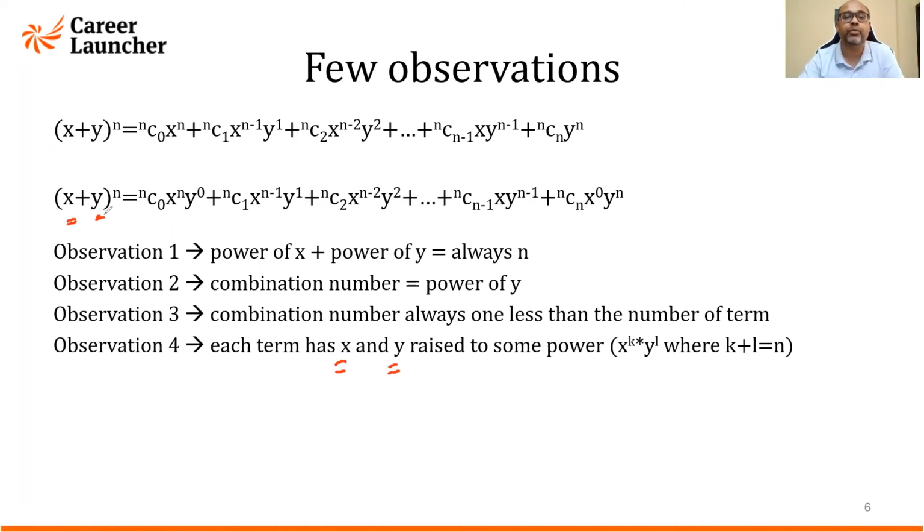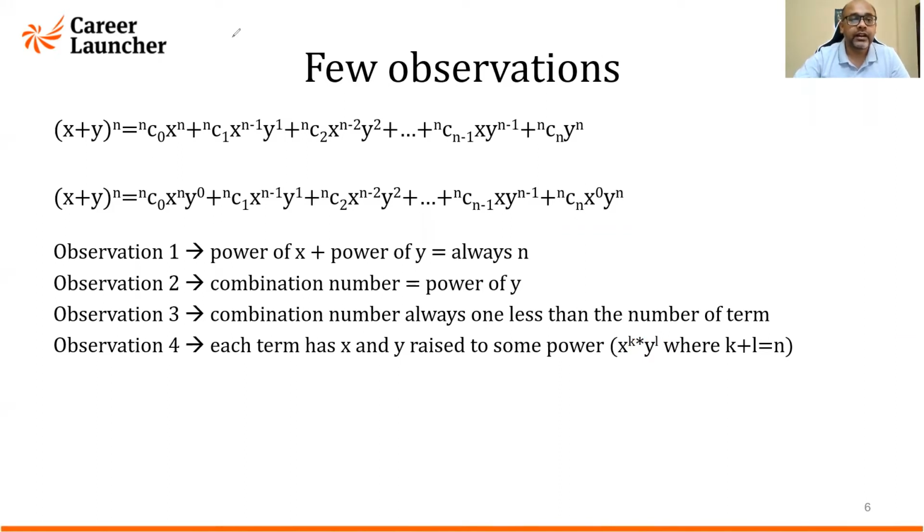This is a very important point, guys. It is possible that one variable can become power 0, no problem, but technically it exists always. So if the powers of x and y are k and l, the total should be equal to n.